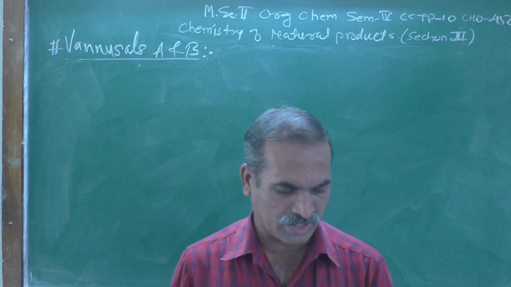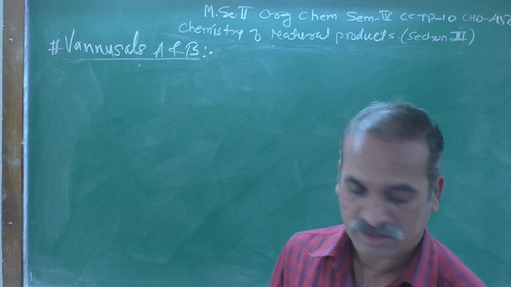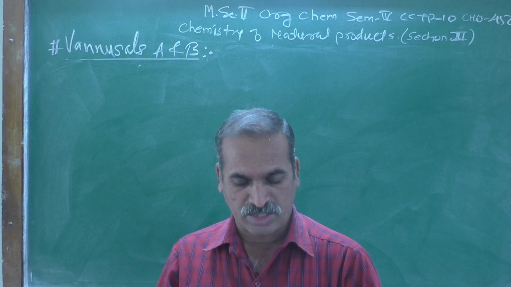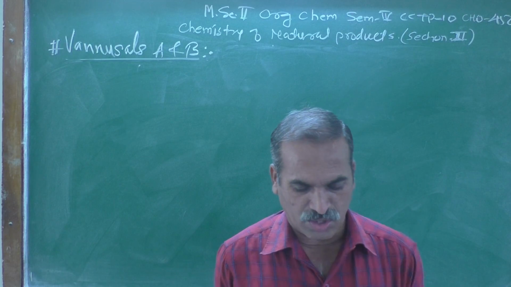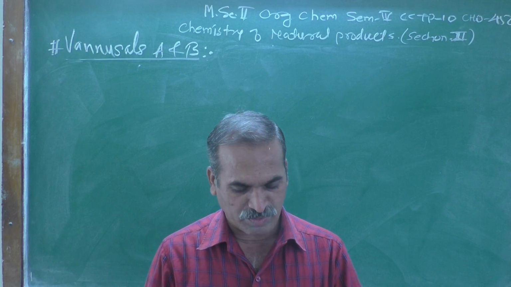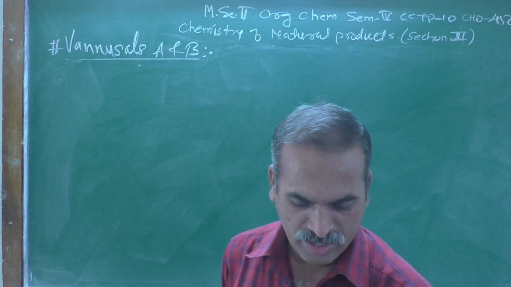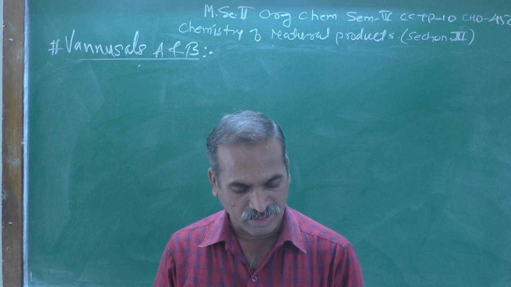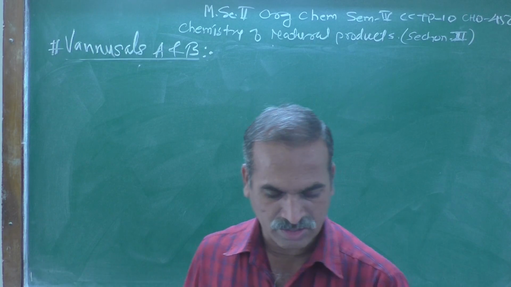With the help of that we have seen that scheme number 11 is nothing but a mechanistic rationale for the stereoselective epoxidation of olefin 54 through iodohydrin formation, that we have seen systematically in our previous lectures.